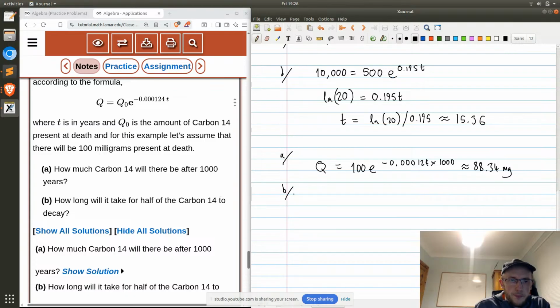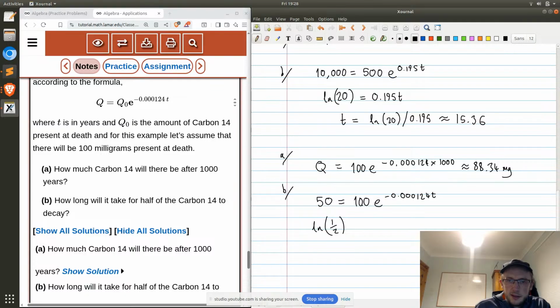Then how long will it take for half of the carbon-14 to decay? All right, so this is finding the half-life, isn't it? That's quite cool. 100e to the, and this is the number that we don't know. Okay, so just quite literally just do this.